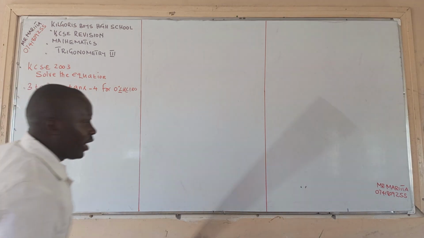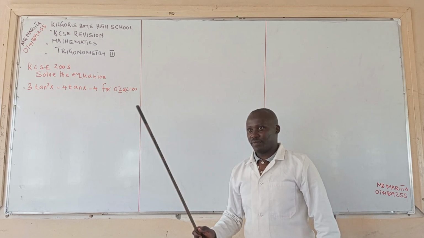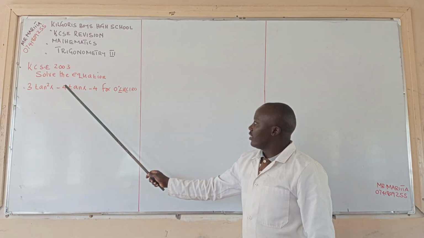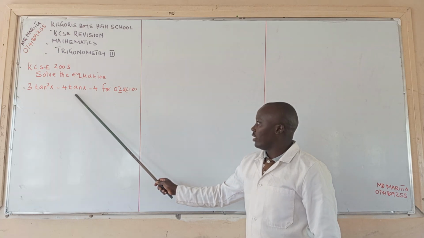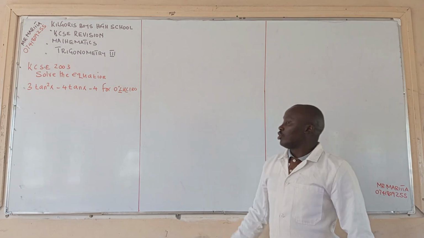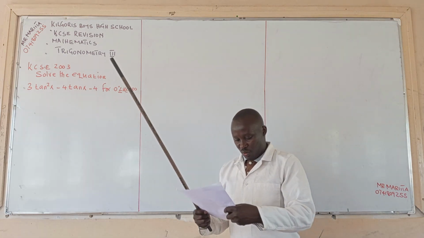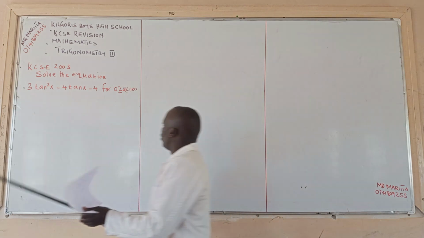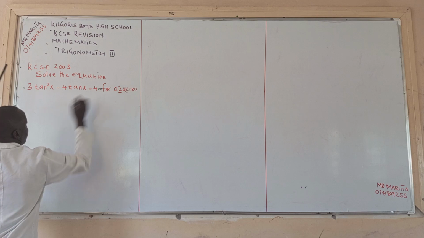So we have 3 tan squared x minus 4 tan x minus 4 equals 0.